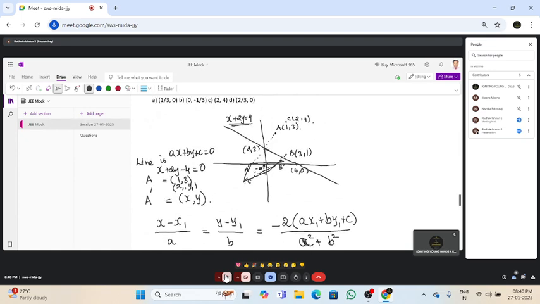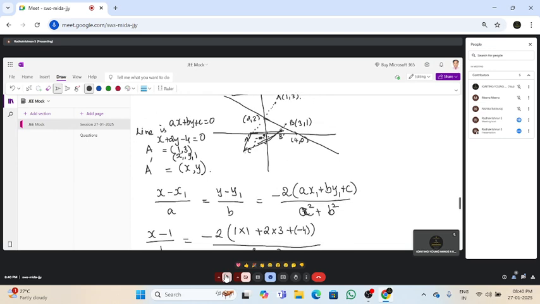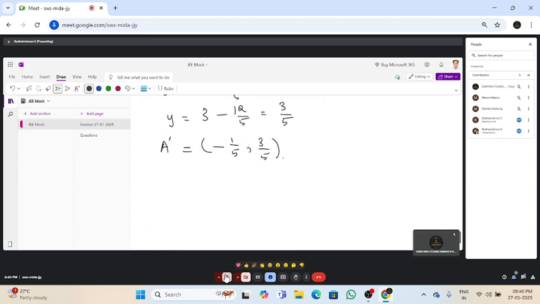Okay. So it's very close to the x-axis because the values are very small, 1 by 5, 3 by 5. So we have done it approximately. Same way, please calculate the image for point B. Okay. I'll write the values.